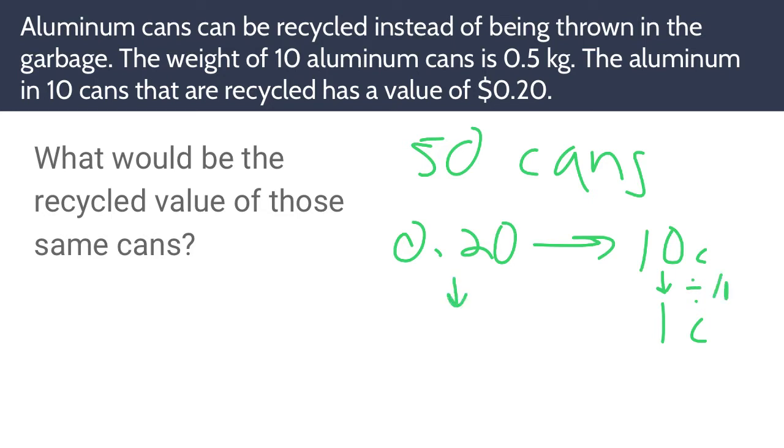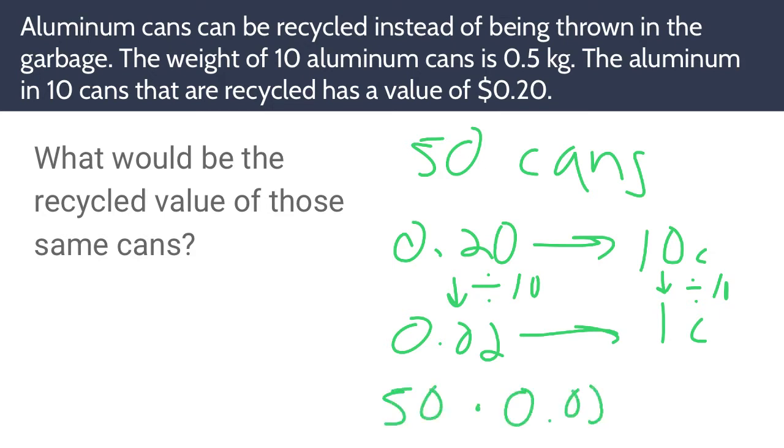And to keep it proportional and balanced, we would divide the 0.2 or 20 cents by 10. And that would give us 1 can is valued at 2 cents. And now that we have 50 cans, we can multiply those together. And that would be worth $1.